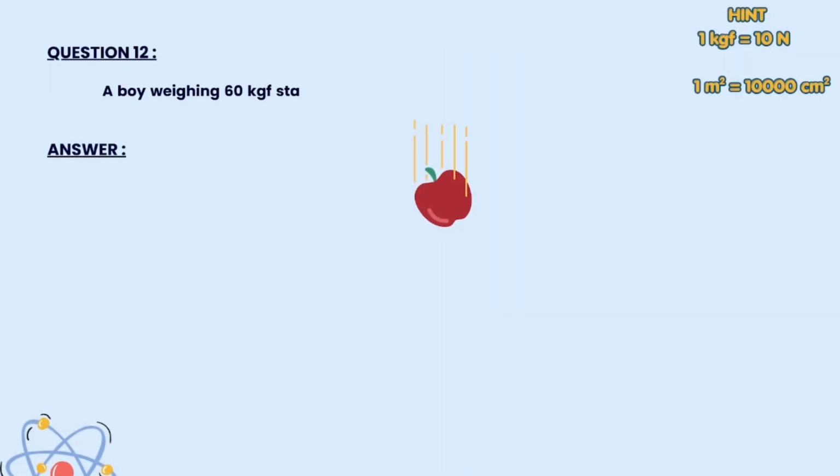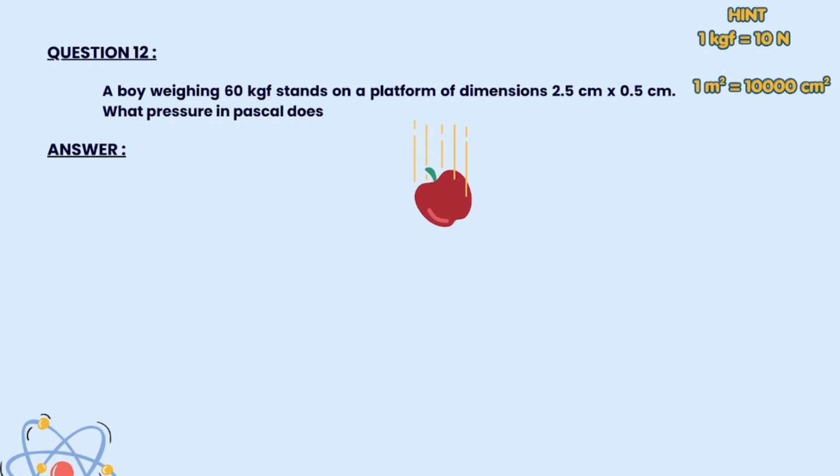Question number 12. A boy weighing 60 kgf stands on a platform of dimensions 2.5 centimeter into 0.5 centimeter. What pressure in Pascal does he exert? You have to try this. Just try it.